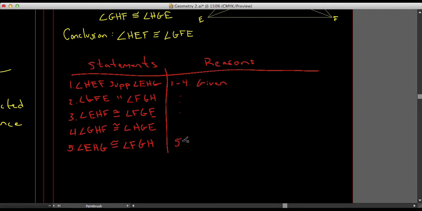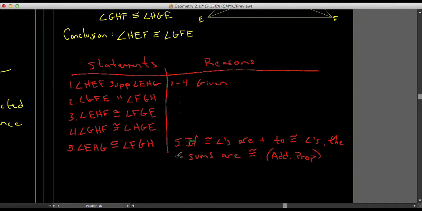And the reason is because if congruent angles are added to congruent angles, the sums are congruent. And this is the addition property. Okay, all right, so we're almost there.